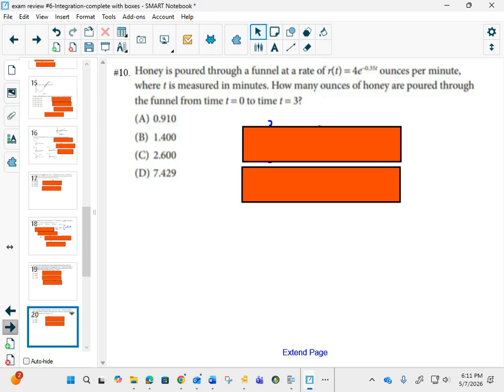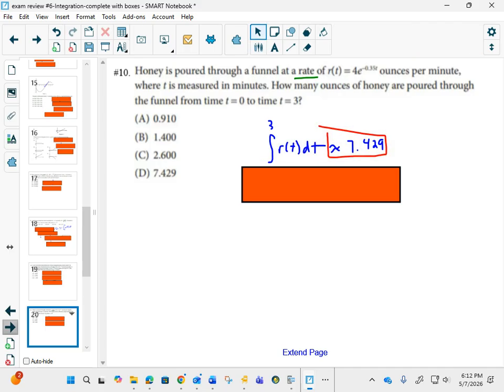Okay, honey is poured through a funnel at a rate. Ooh, we've got another rate here. This one is just looking for the accumulation of change. Notice it says how many ounces are poured through from 0 to 3. It's just looking for the accumulation of change.